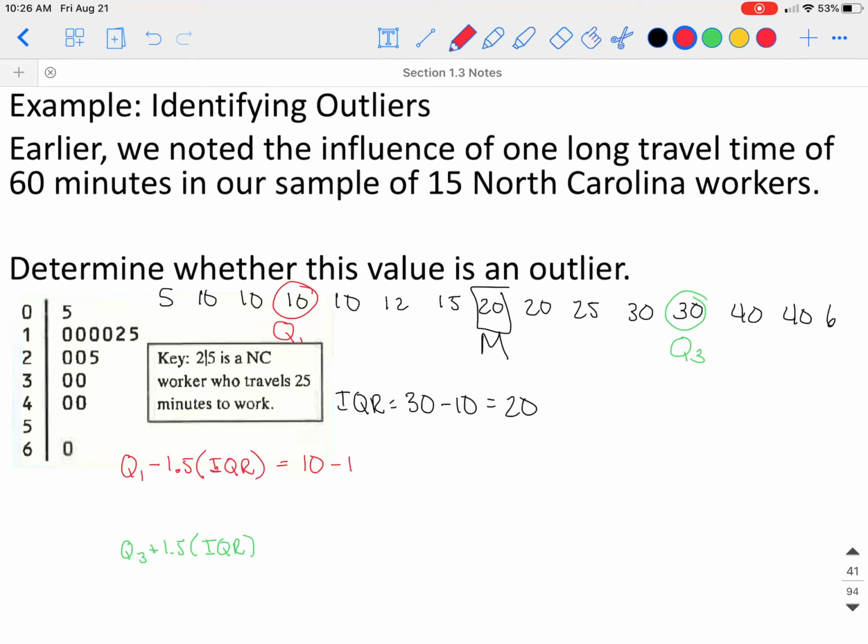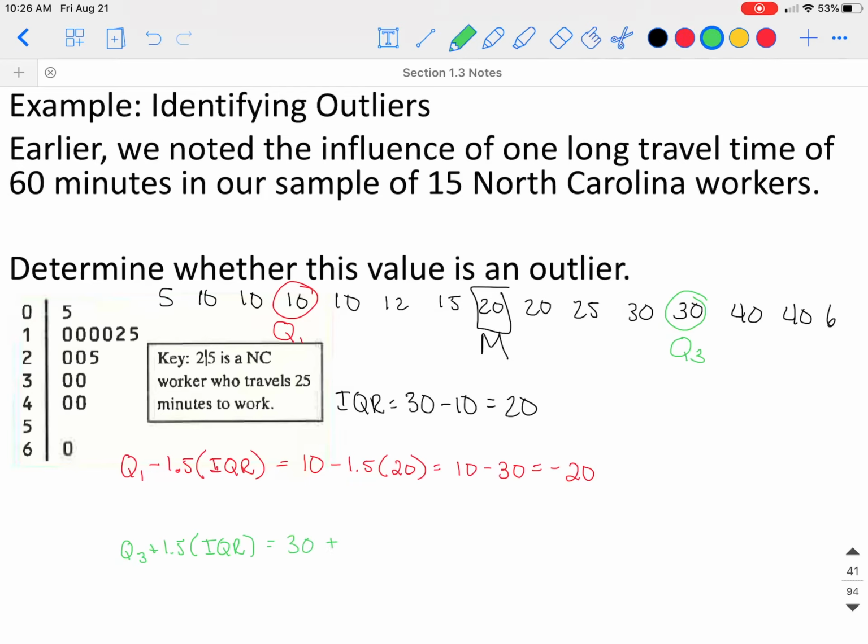So our Q1 we know is 10, and we're going to do 1.5 times that IQR. In this case, it's going to be 10 minus 30, which gives us negative 20. So anything that is below a value of negative 20 minutes would be an outlier. We do the same thing with our Q3.